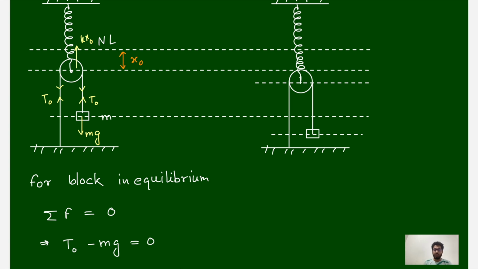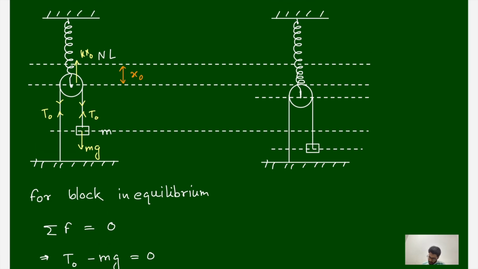Everything is the same, just this block has moved by a distance x, and x naught is already there. Suppose this is x1 distance, and this side also x1 distance.